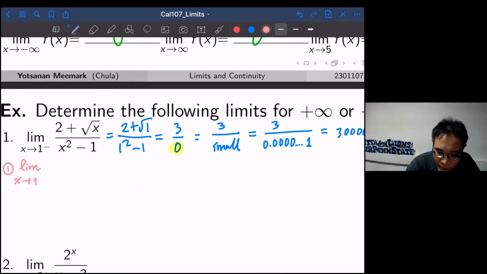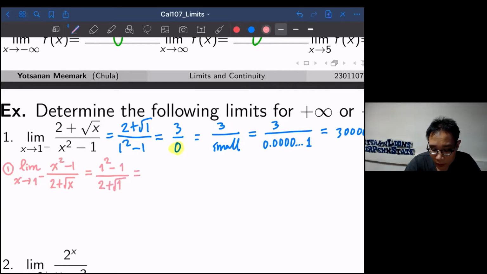So the limit as x goes to 1 and you just flip this one, so you get x squared minus 1 over 2 plus root x. In this case, you get 1 squared minus 1 over 2 plus square root 1, so you get 0 over 3. So this becomes 0. Okay, so the limit of the reciprocal equals 0.